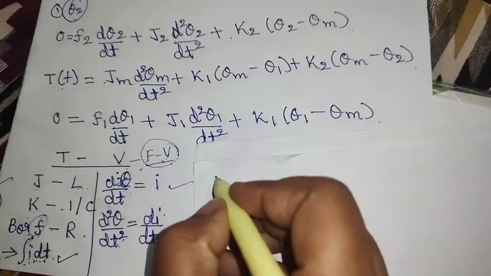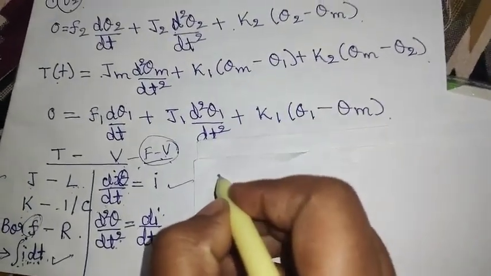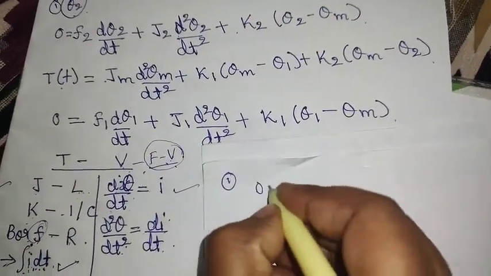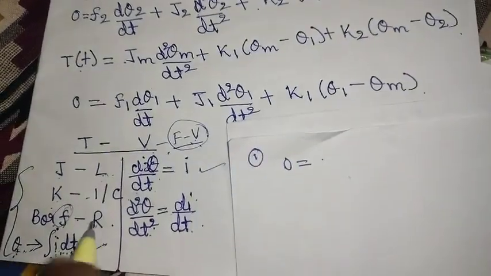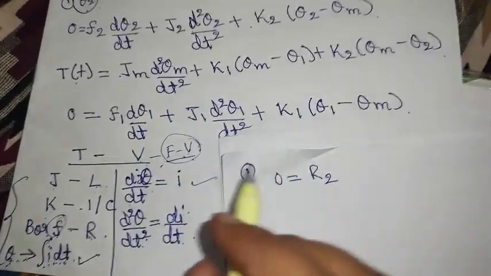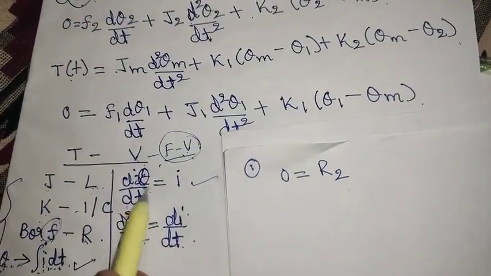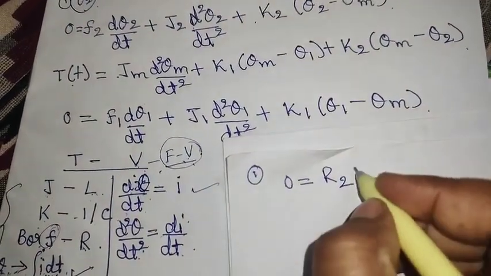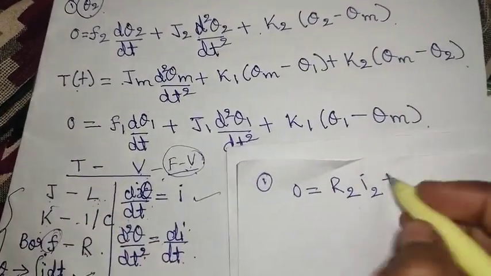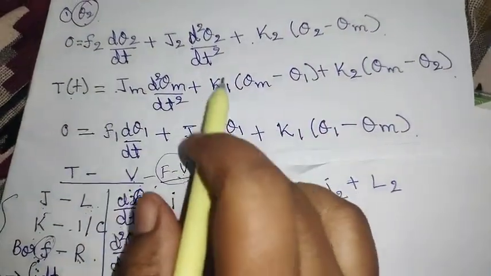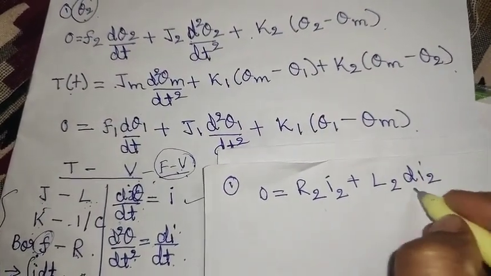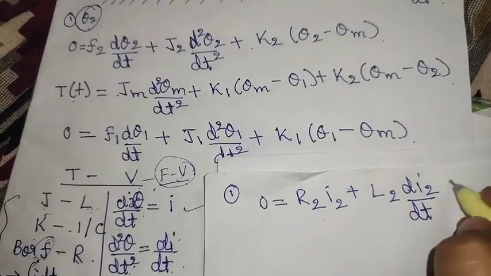One by one, we shall write the equations. Help me with the equation. The first equation: 0 is equal to, F2 is replaced by resistance, so R2. d theta divided by dt is replaced by I, so that is I2. Plus J2 is replaced by L2, and d square theta divided by dt square is replaced by di2 by dt, because it is theta 2.